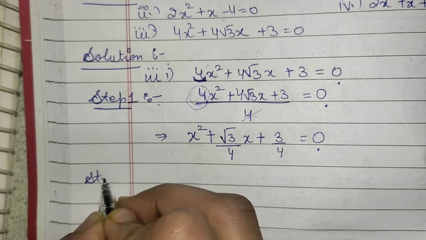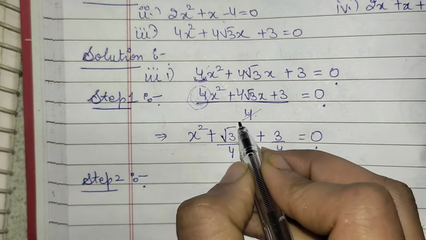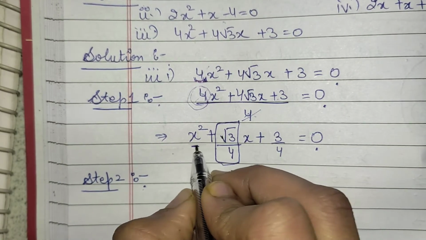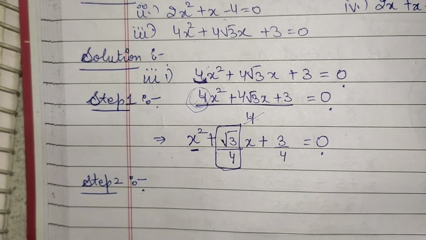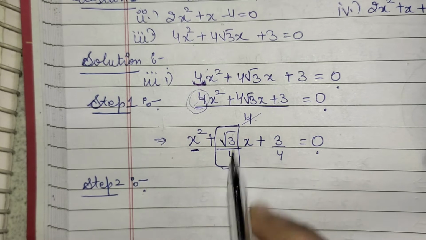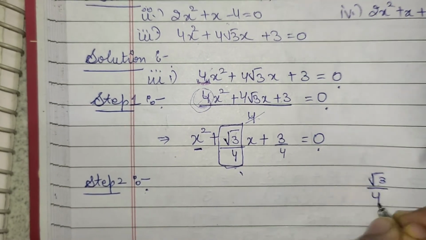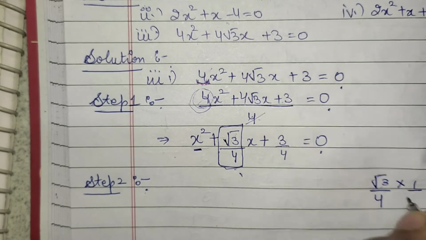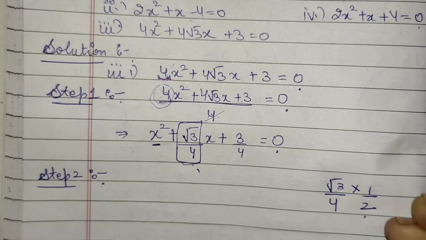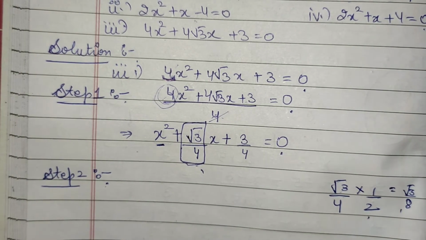And step number 2 is what? While doing completing the square, step number 2 is to come to your x coefficient part. First we have simplified our x square coefficient part. Now come to the x coefficient part, that is root 3 by 4. How to handle this? You will multiply this coefficient by 1 by 2 and we will get root 3 by 8.